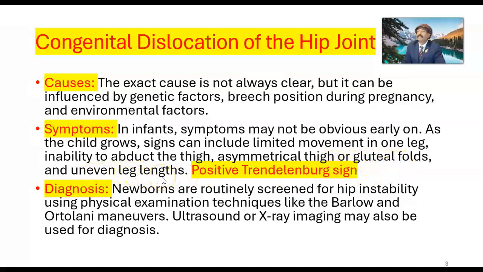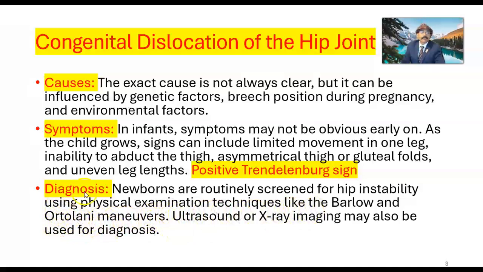The two lower limbs are not the same length because of dislocation of the head of the femur, so the limb seems to be shorter on the affected side. Most commonly it is unilateral, but it may be bilateral too.